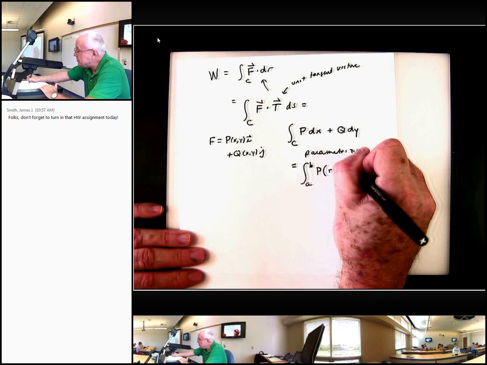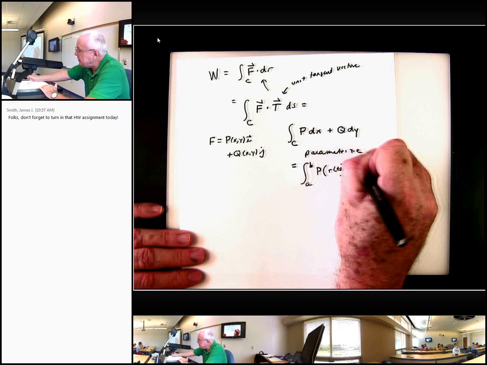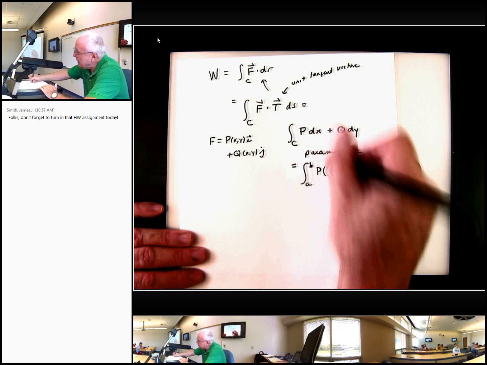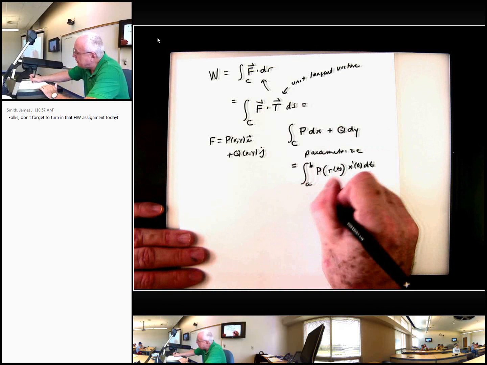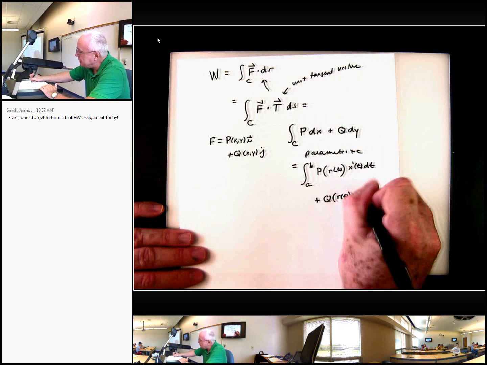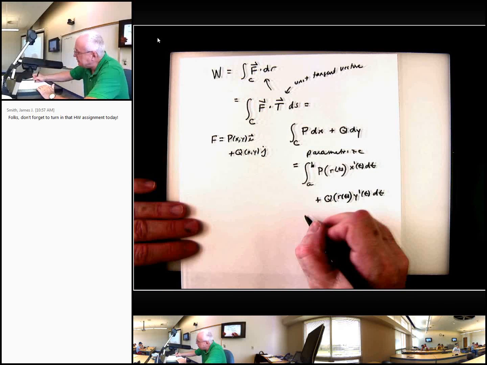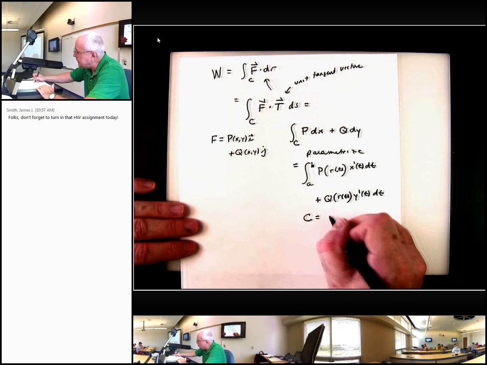It'll be x prime of t dt. That's the first component. And then we have the second component, again with the parameterization plugged in, y prime of t dt. All right? This is where C is equal to r of t, where t goes from a to b.